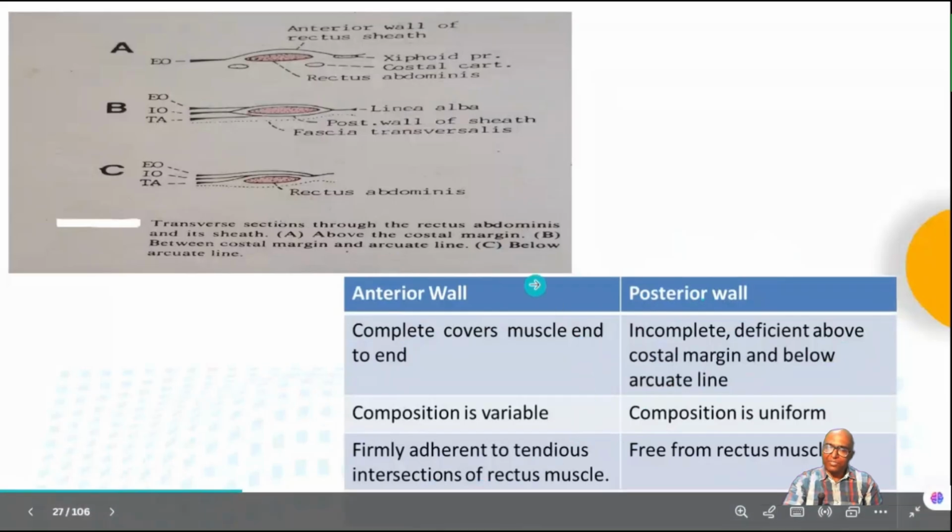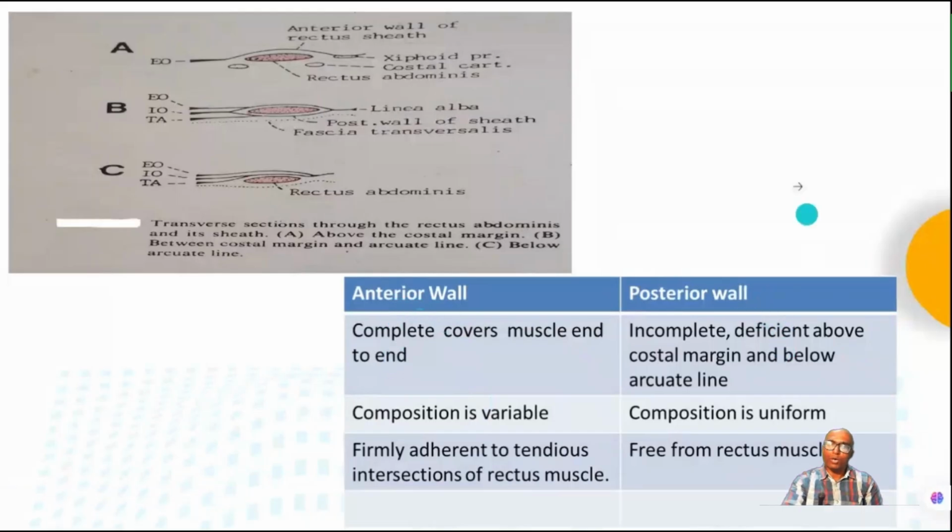They may ask any peculiarity of this particular rectus sheath for the anterior wall, and most commonly they will ask you an SBA with respect to the formation of the rectus sheath either below the level of the arcuate line, or between the costal margin and the arcuate line, or above the costal margin.